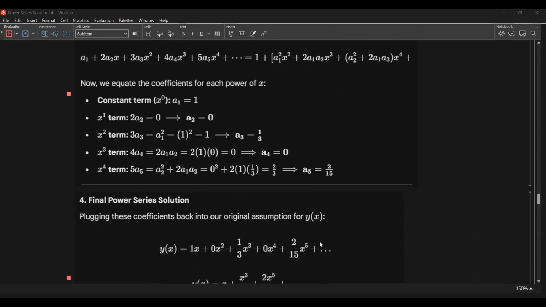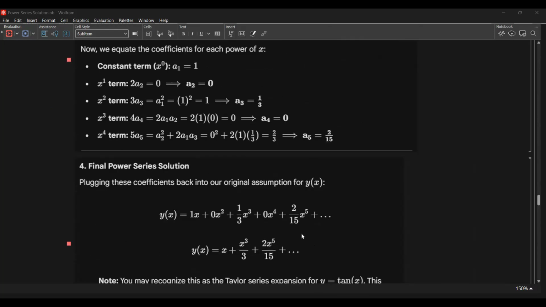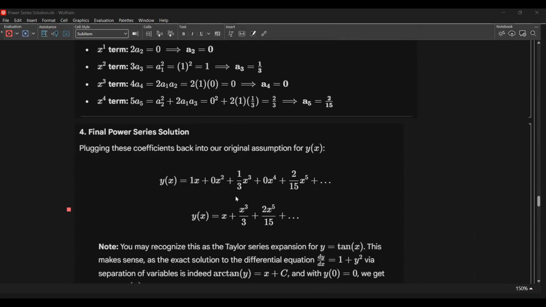So the final power series solution, plugging this coefficient back into our original assumption for y of x. So we substitute here a sub 1, a sub 2, a sub 3, a sub 4, a sub 5. So we have here x plus x cubed over 3 plus 2x to the fifth over 15.